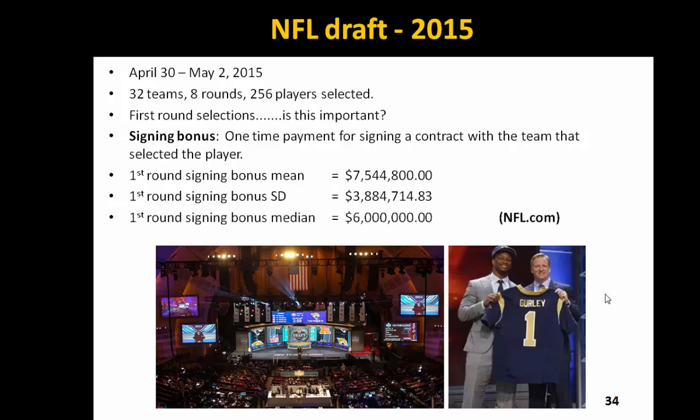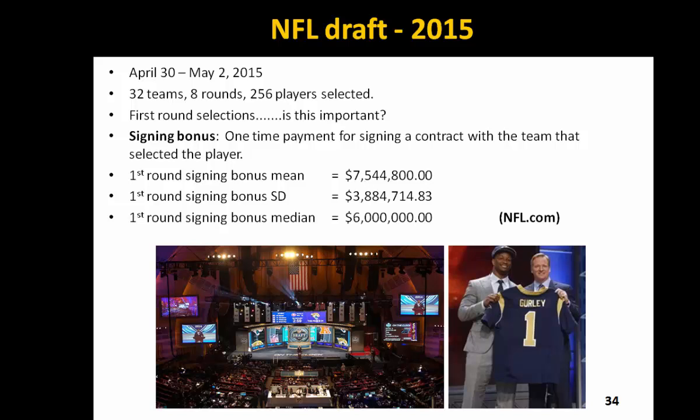The median signing bonus, the median statistic, a measure of central tendency, was found to be $6 million. So in this case, we have a median value of $6 million, which is quite a bit less than the average of over $7.5 million.